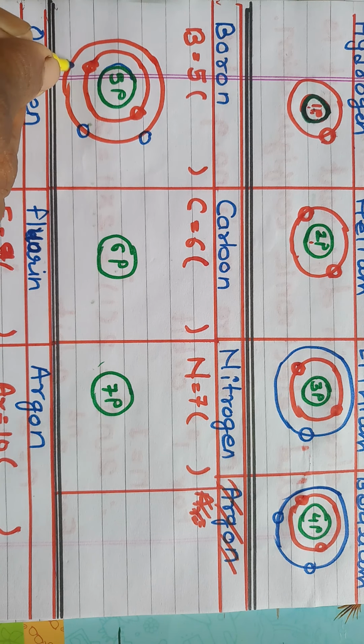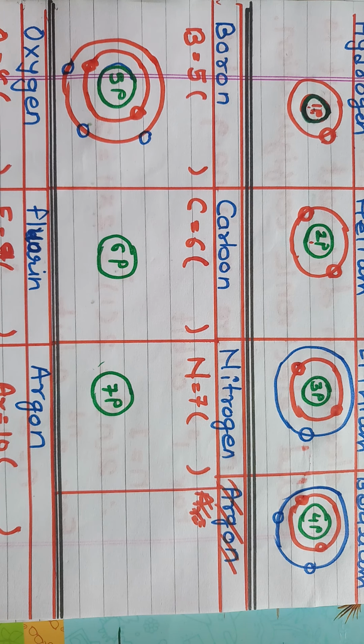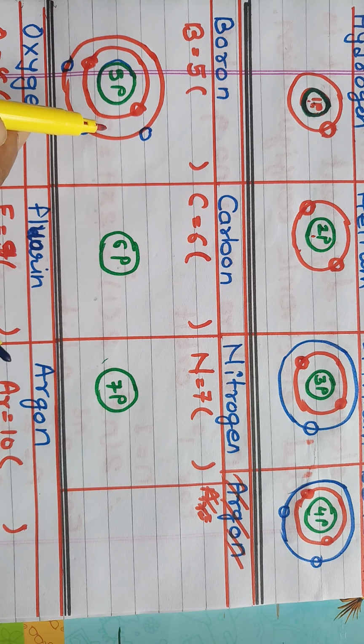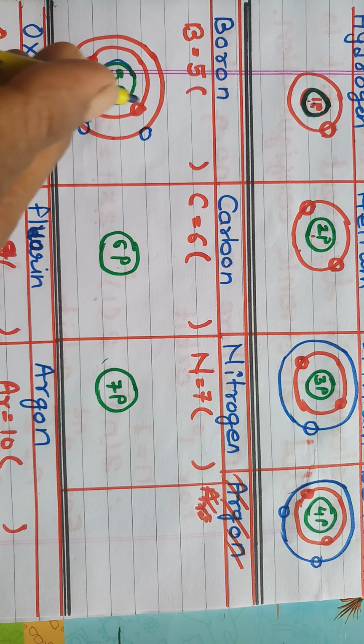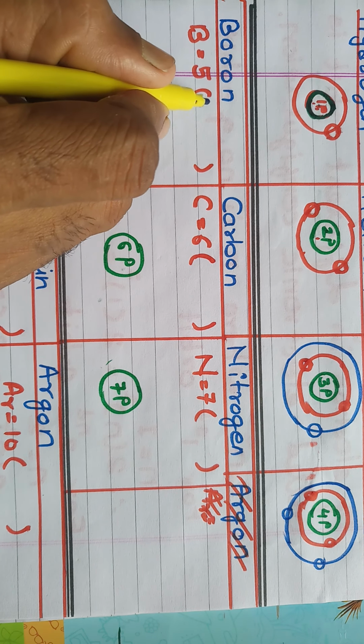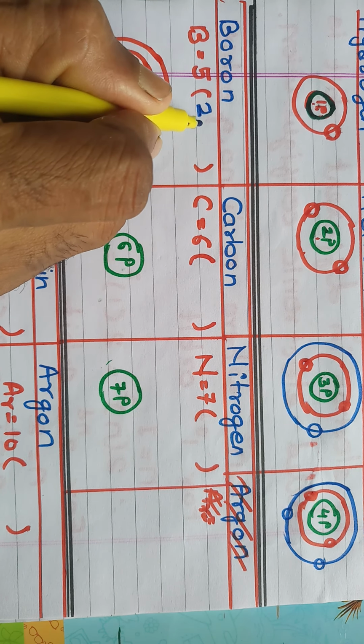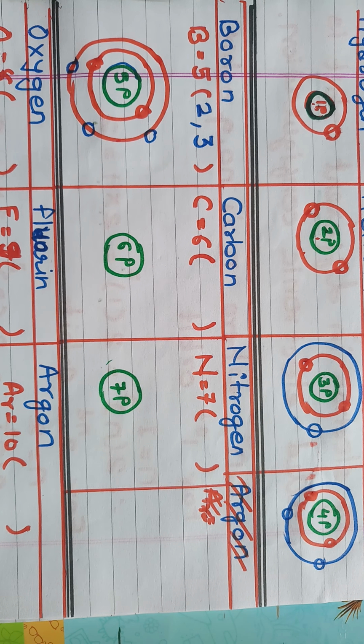Now the maximum capacity of the second orbit is 8 electrons, so we can draw the 3 electrons in the second orbit. So the electronic configuration of boron is 2 and 3.